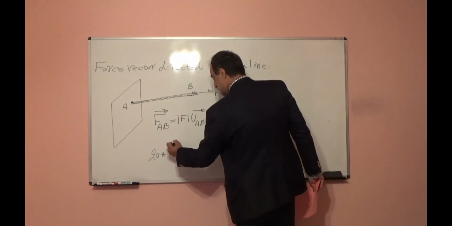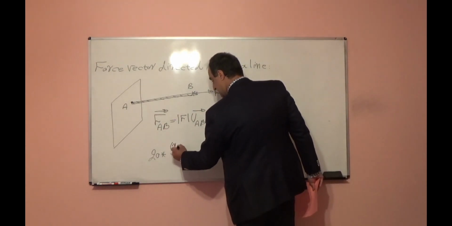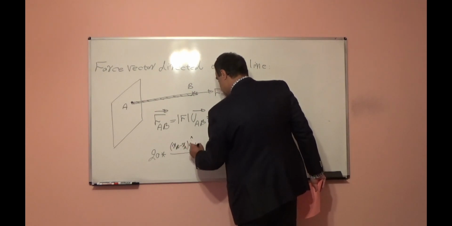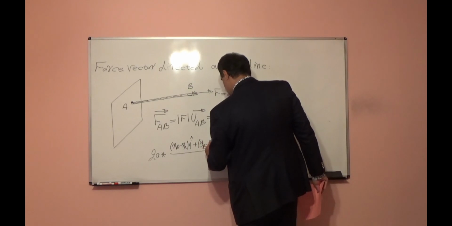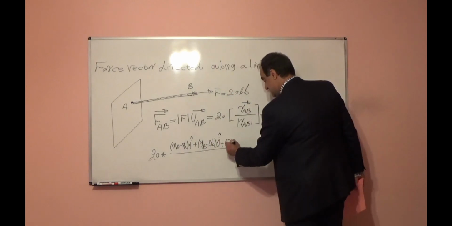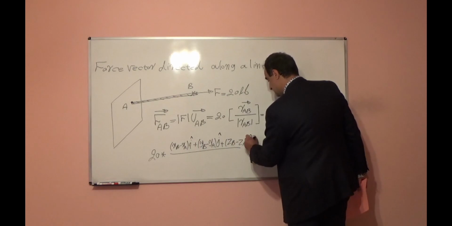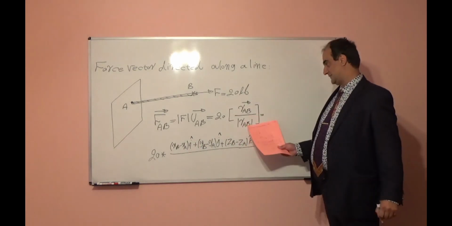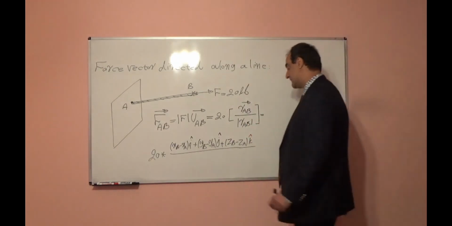You saw it will be (xb minus xa) i plus (yb minus ya) j plus (zb minus za) k, divided by the magnitude of that vector. Magnitude means length of that vector.